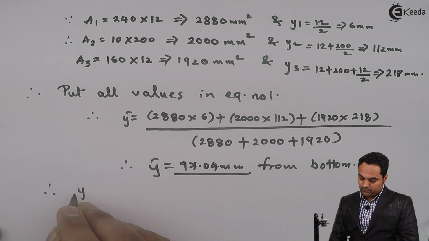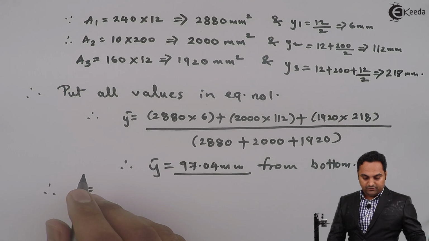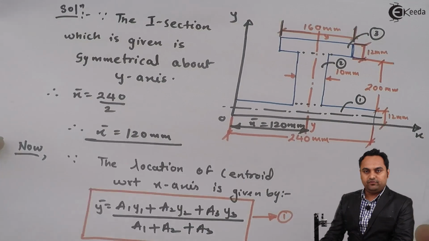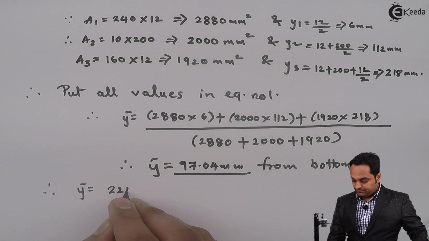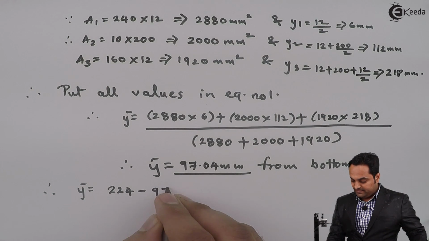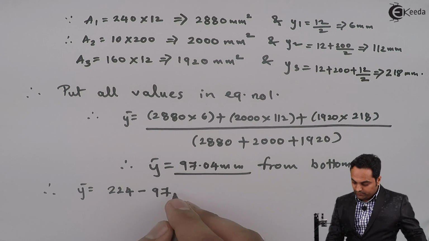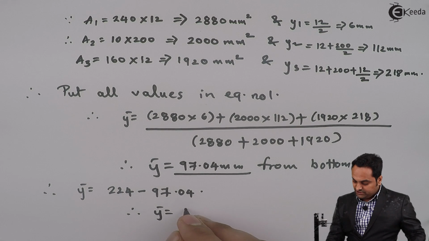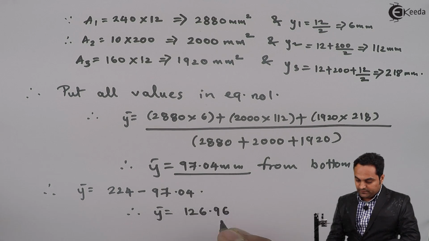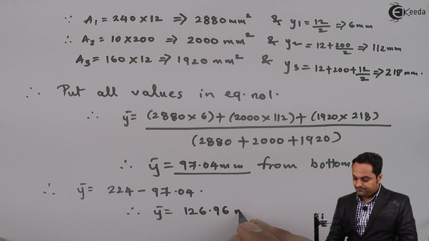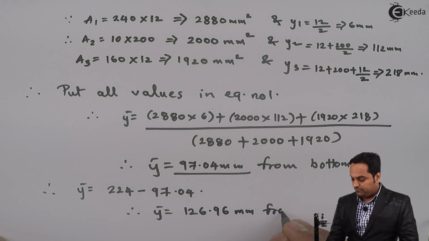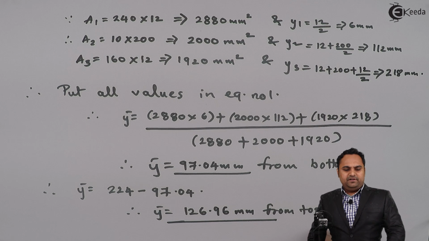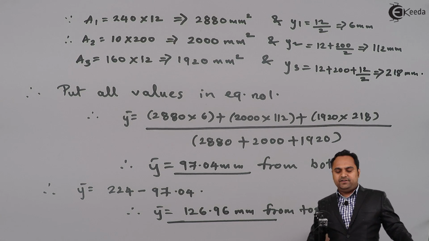Similarly, I can say that y bar is equal to, the total height is 224. From that, if I subtract 97.04, I will be getting the value of y bar from top, which is 126.96 mm. This is from top. So after getting these y bar values, we can plot them on the I section.